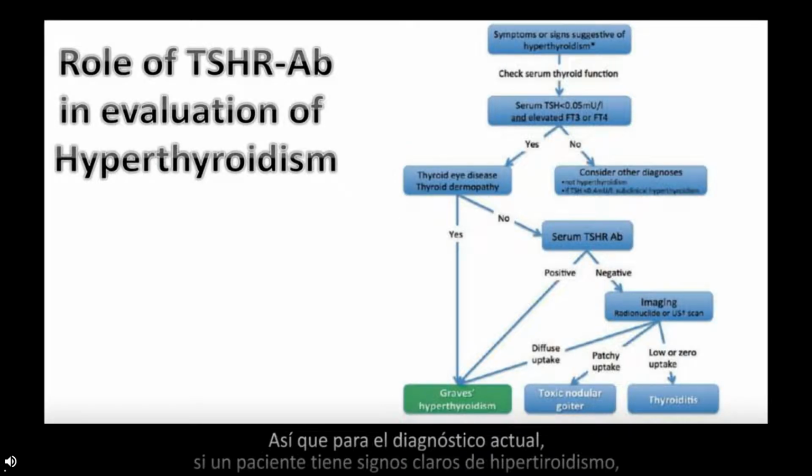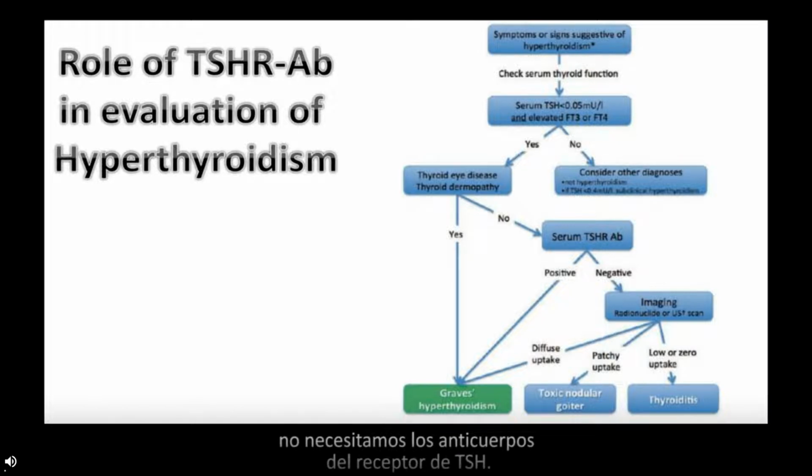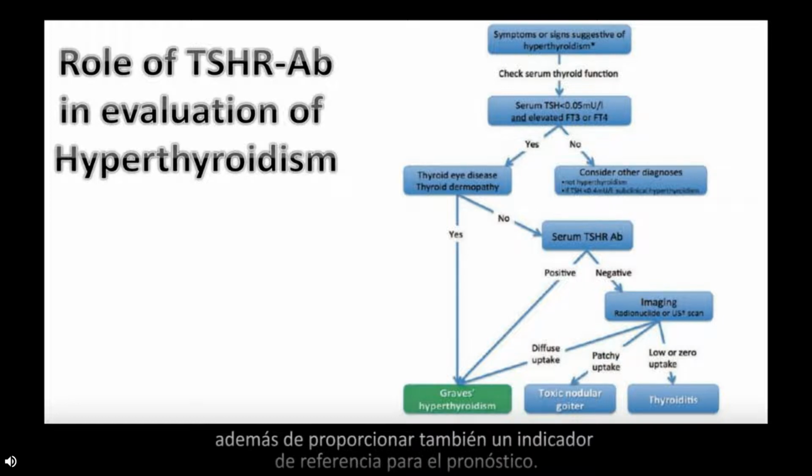So for diagnosis today, if a patient has clear-cut signs of hyperthyroidism, we don't need the TSH receptor antibodies. However, if the features are less obvious, TSH receptor antibodies would help, besides also providing a baseline indicator for prognosis.